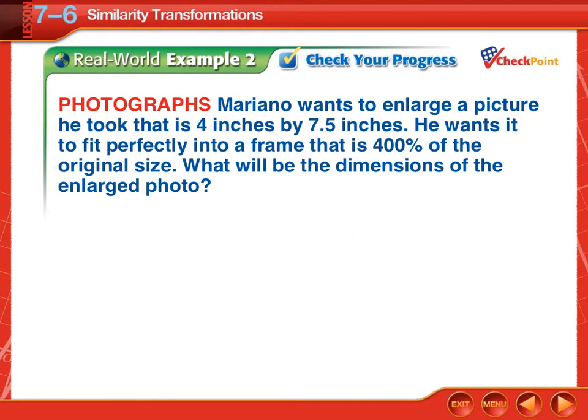Mariano wants to enlarge a picture he took that is 4 inches by 7.5 inches. He wants it to fit perfectly into a frame that's 400% of the original size. What will be the dimensions of the enlarged photo? 400% of the original size is going to be a scale factor of 4, or 4 times.